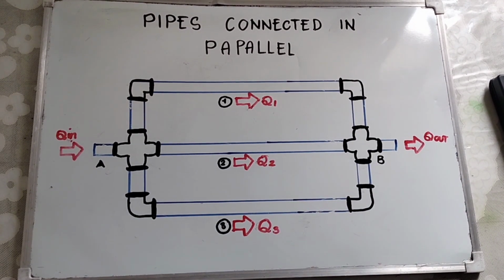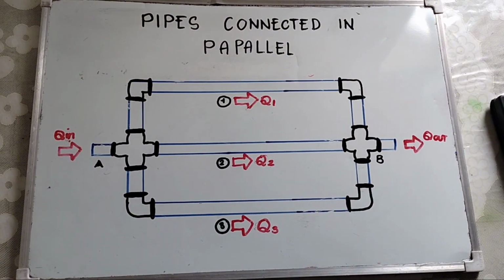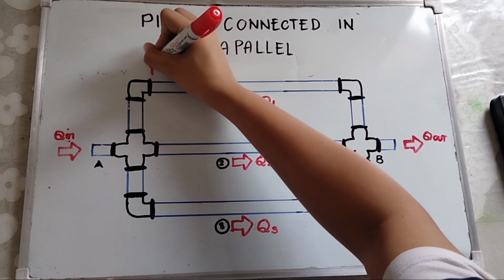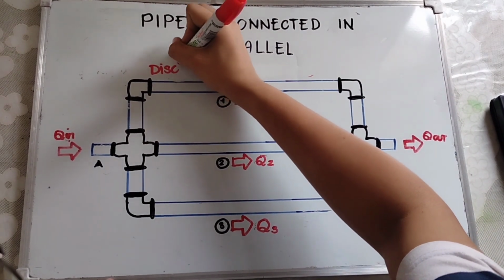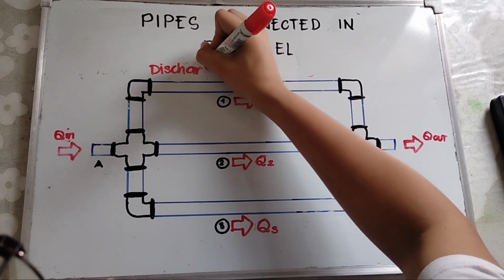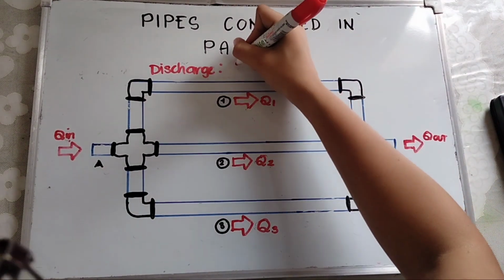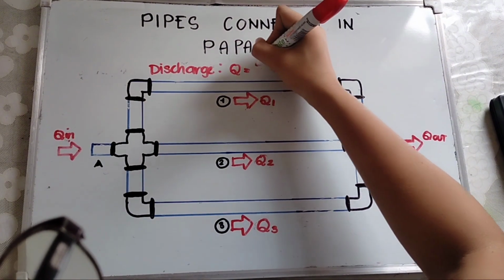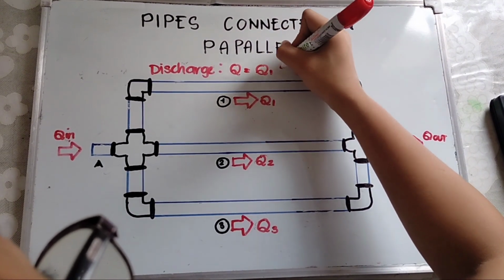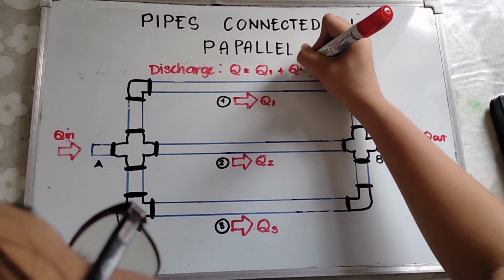As the fluid goes into the pipe, it will then be divided into three different discharges in accordance with the pipe properties. After the fluid passes through these three pipes, it will then come out with the same discharge as it went in. In accordance with that fact, we can say that Q in is equal to Q out.